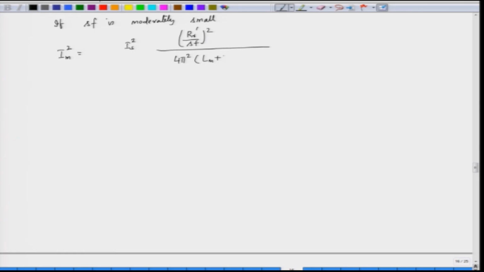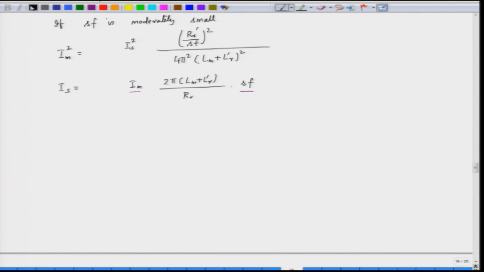So, that will dominate Lr square, or if we simplify this, we will get here that Is is equal to Im into 2 pi (Lm plus Lr prime) divided by Rr into Sf. So, what we get here is that the stator current varies linearly with the slip frequency. So, this is the relationship that we have, that this is the slip frequency, Im is constant.